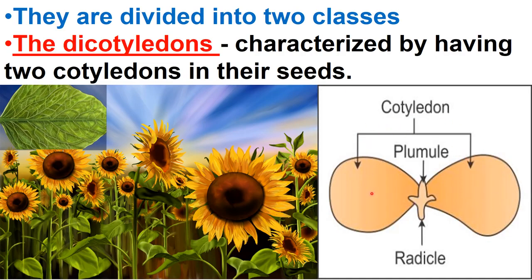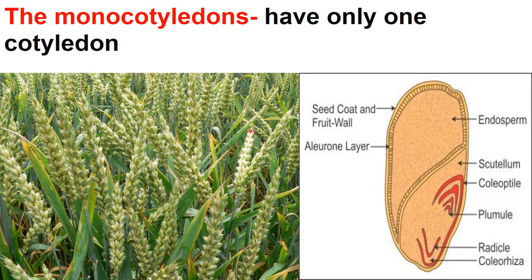So when two cotyledons are present in a seed, that is called a dicotyledon seed, and the plant having that is called a dicotyledonous plant. Second is the monocotyledonous plant, which has only one cotyledon, and an example is the wheat plant. Here you can see the diagram of a monocotyledonous seed. The plants bearing monocotyledonous seeds are called monocotyledons, like wheat.